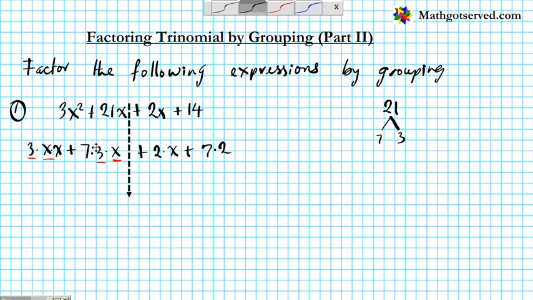Remember we talked about this before. Whenever you're factoring, it is as though you're dividing. So when I factor out 3x, this 3 and this 3 are factored out here as though I divided them by 3. And then this x and this x are factored out here. And what are you left with? You're left with x plus 7.